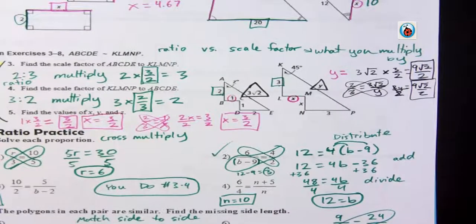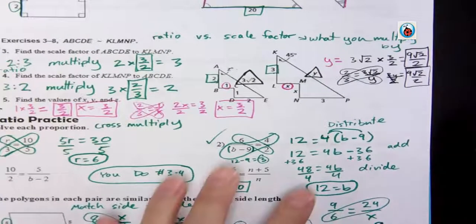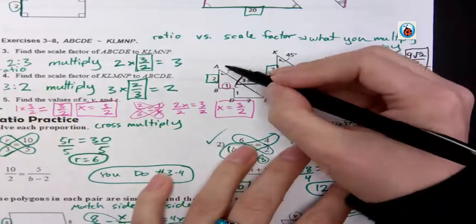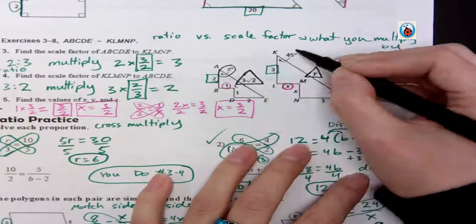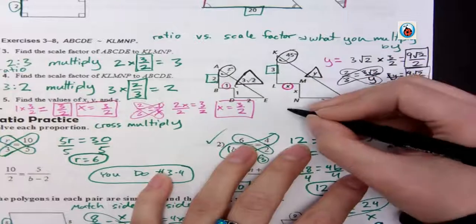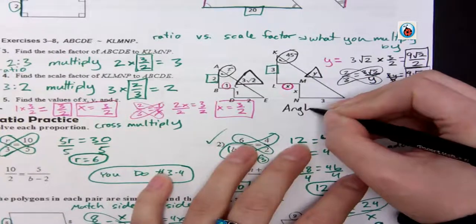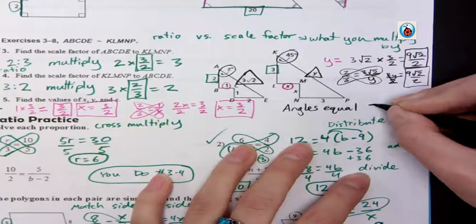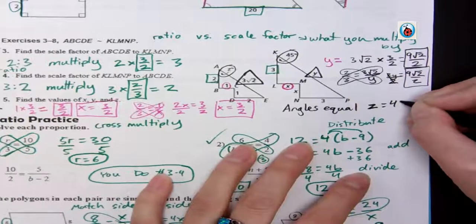So that is our y. And then z is the easiest. So z is right here, and angles are always equal. So therefore, z equals 45 degrees.